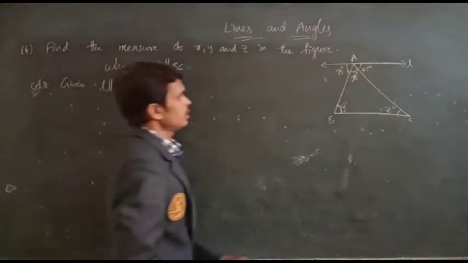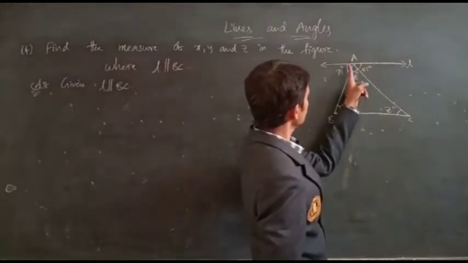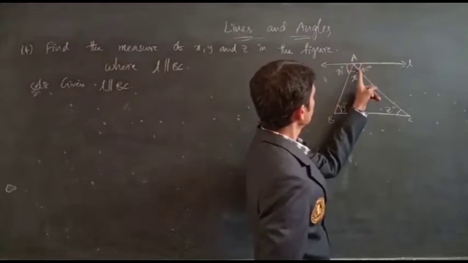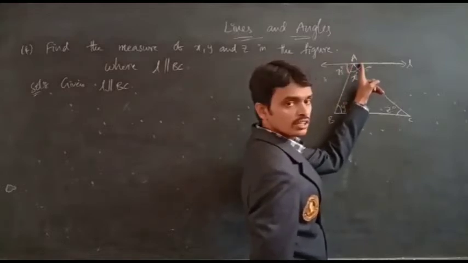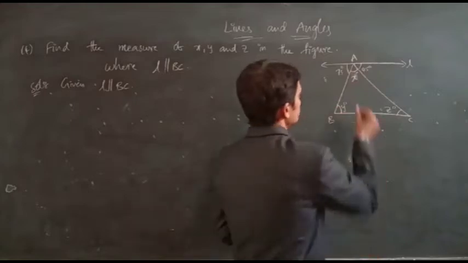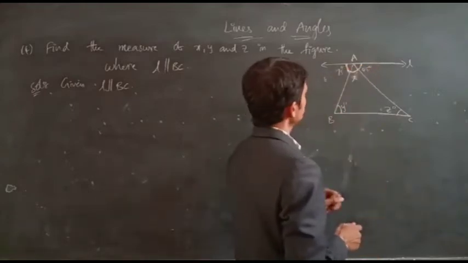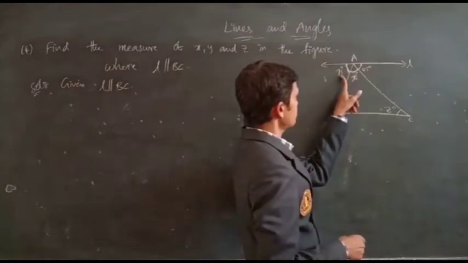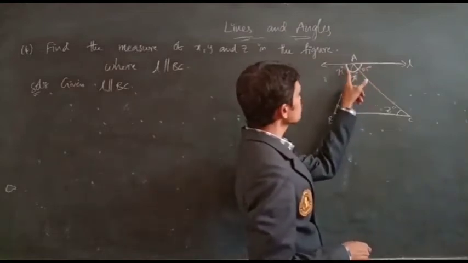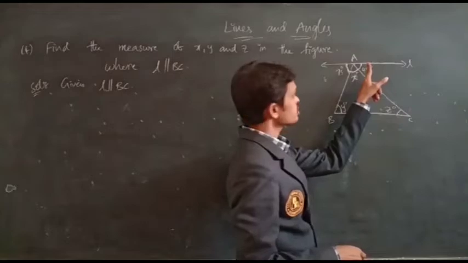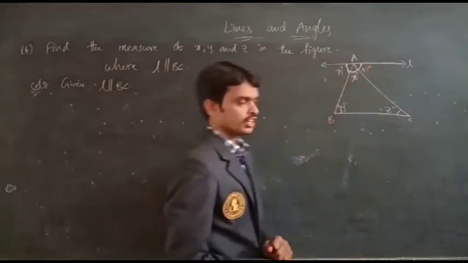So here in the figure, observe this. Which angle is this? Yes, this is a straight angle. Nothing but x plus 75 plus 45 is equal to how much? Nothing but a straight angle, nothing but 180 degrees.